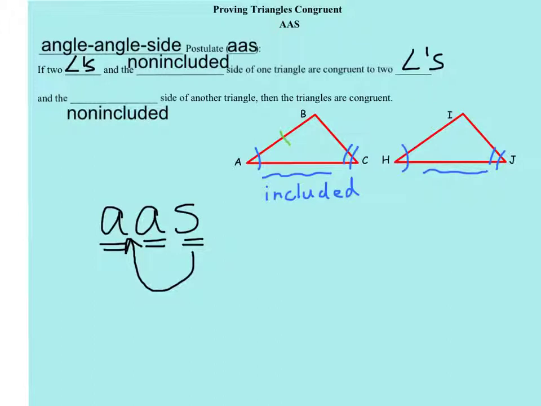It could be BA congruent to HI, in which case we'd have angle, angle, and the side that's not included, to angle, angle, and the side that's not included. Or we could have chosen this side to this side. Either one of those sides are not included, and therefore they set up the angle, angle, side not included postulate.